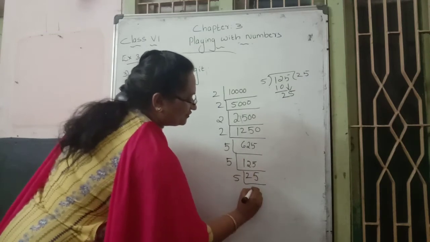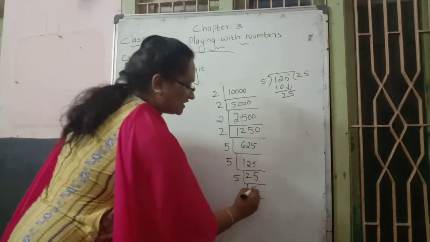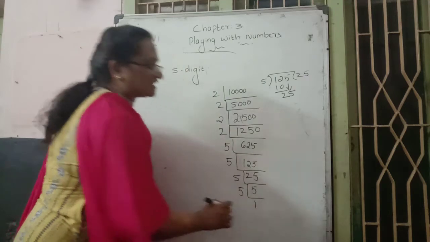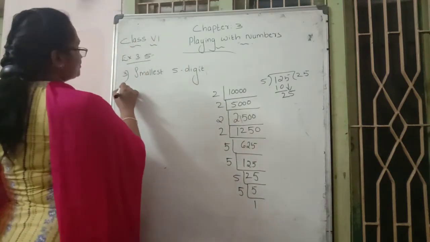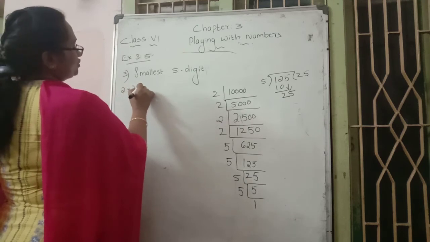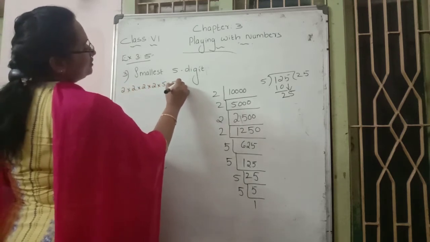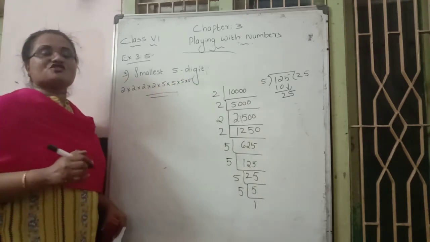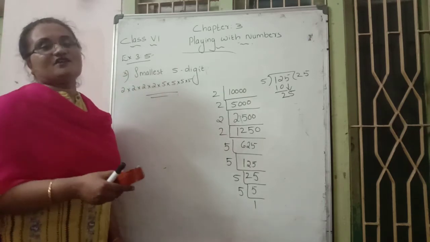Again continue with 5. 5 table 25, 5 5s are 25. 5 is a prime number. That's why we use the same prime number and divide. What are the prime numbers we used to divide? 2 into 2 into 2 into 2 into 5 into 5 into 5 into 5. These are the prime factors used for prime factorization of the smallest 5-digit number.